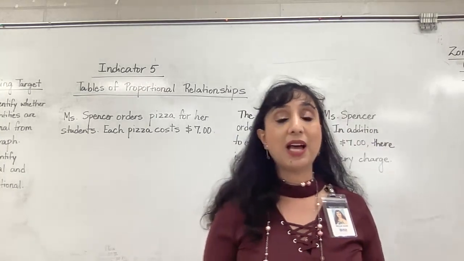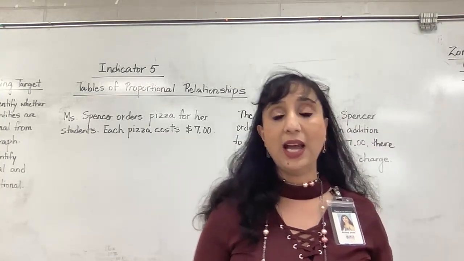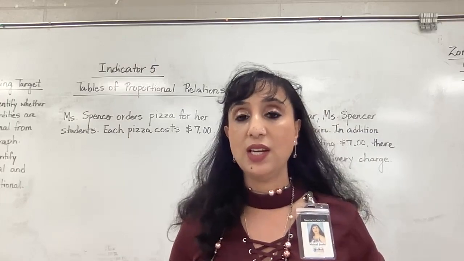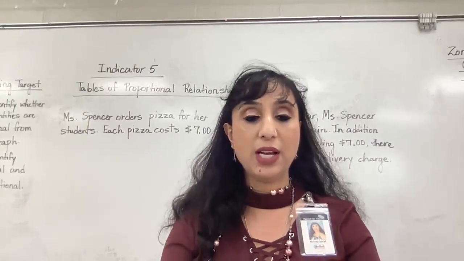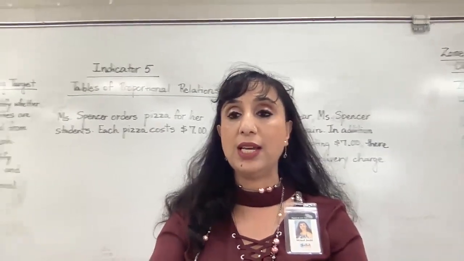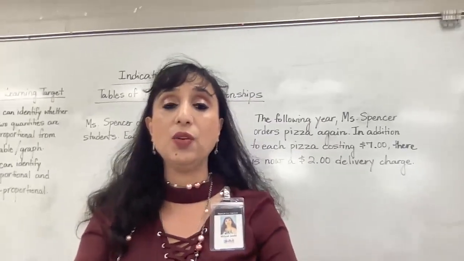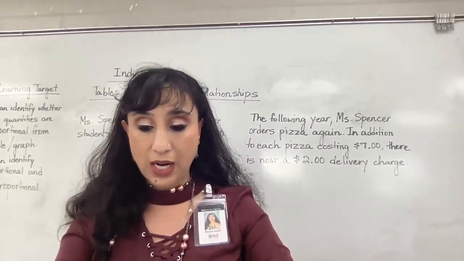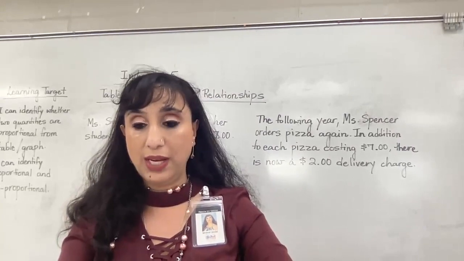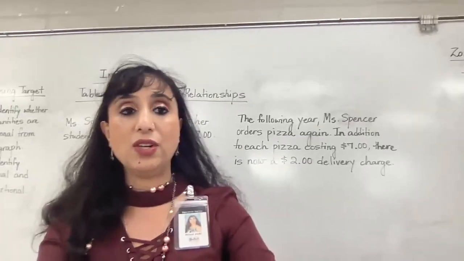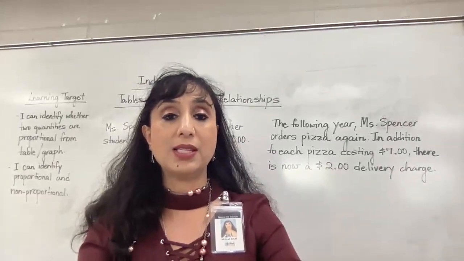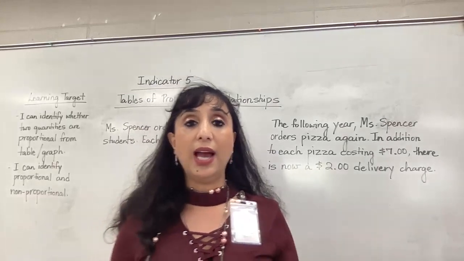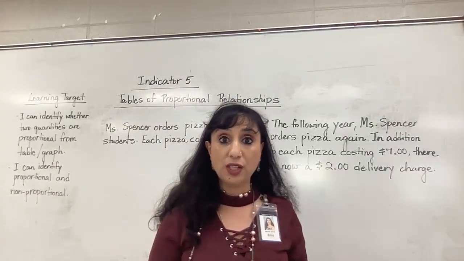Remember, tables are for organizing data, and once we organize the information, it becomes very easy for us to calculate the unit rate per item. And that unit rate is going to help us look at tables and see whether items are proportional or not.